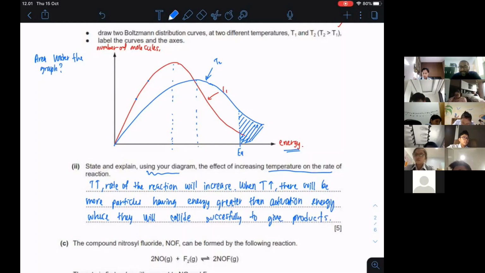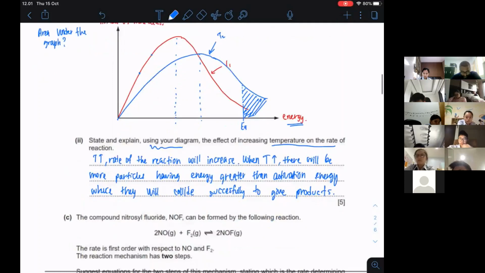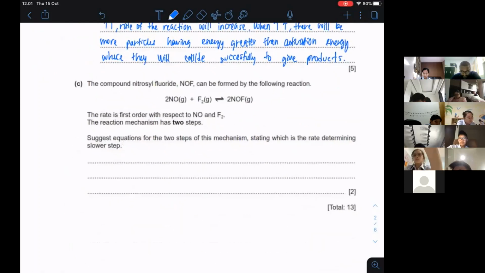This is supposed to be mentioned over there. So if you didn't mention about activation energy, and you didn't mention about more molecules or more particles having it over there, you will lose a lot of marks. Please take note.